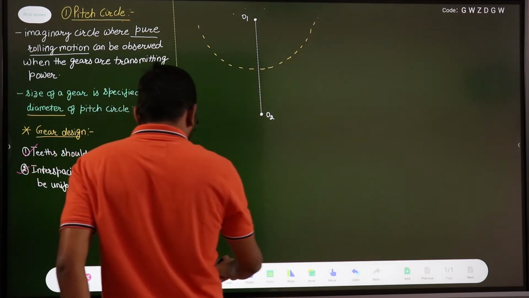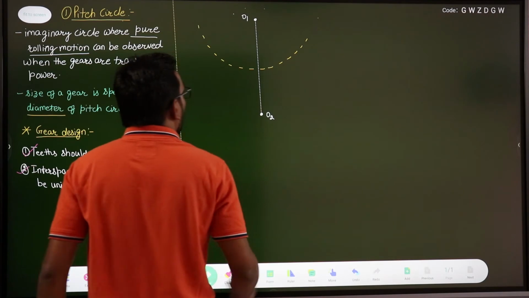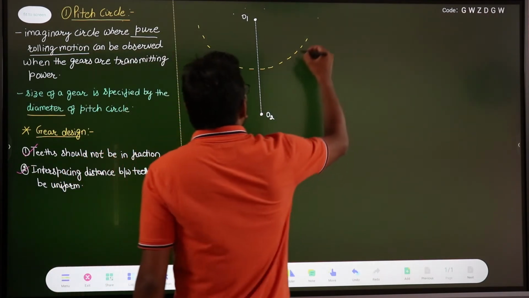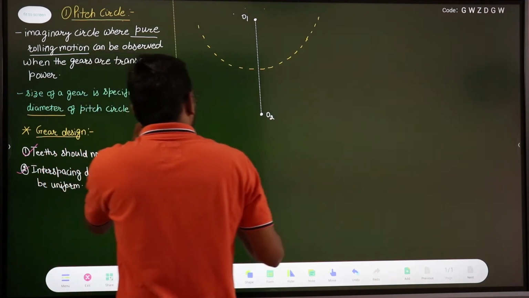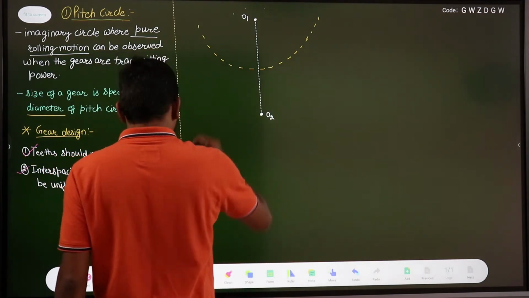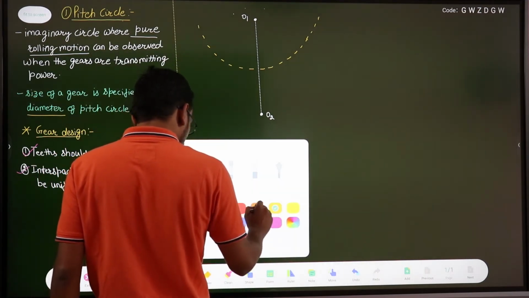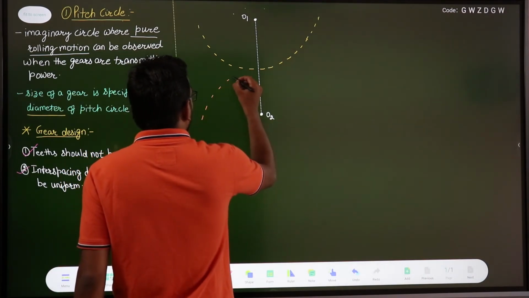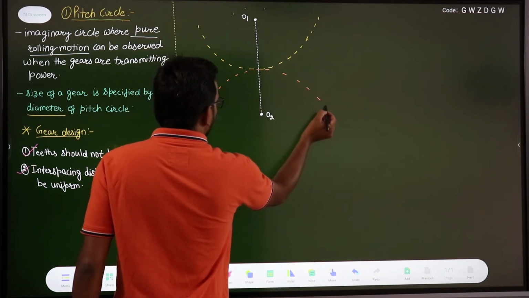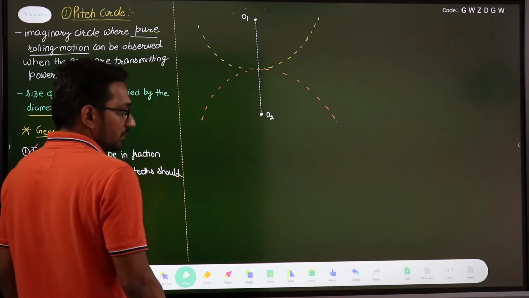I am just drawing the pitch circle. And suppose this is the pitch circle of the gear which is mounted on shaft 2, right?